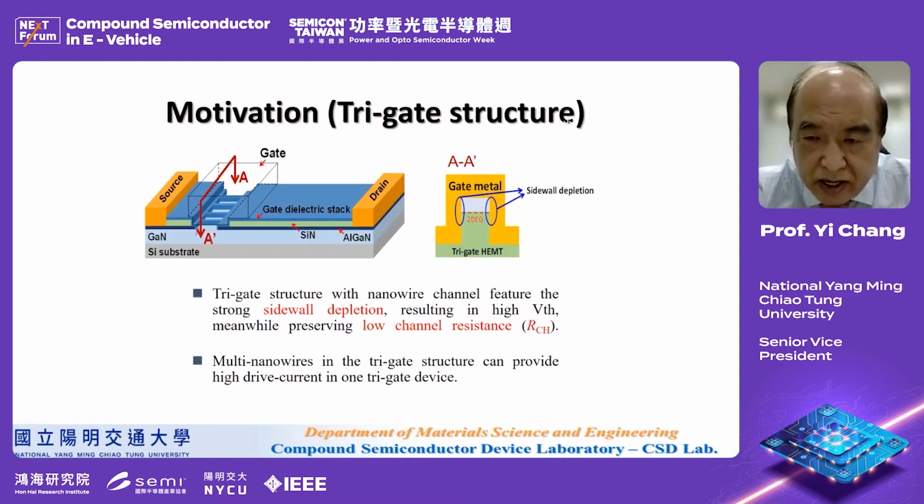The 2DEG is depleted due to this electric field, resulting in high VTH, and it can preserve low channel resistance. Multiple narrow wires in the tri-gate structure can provide enough current in wide tri-gate devices.